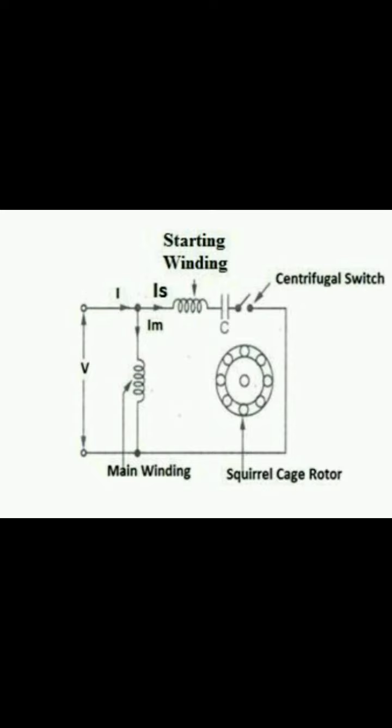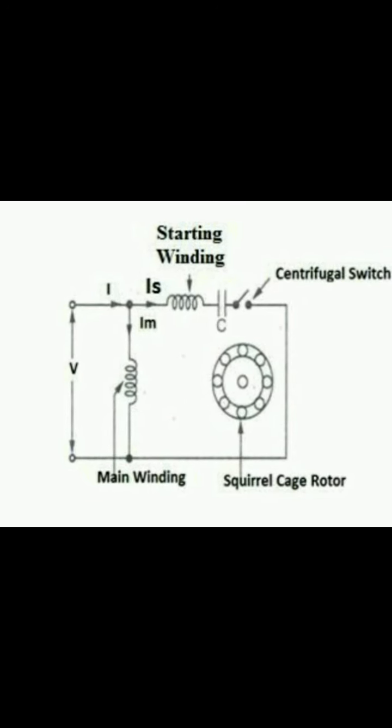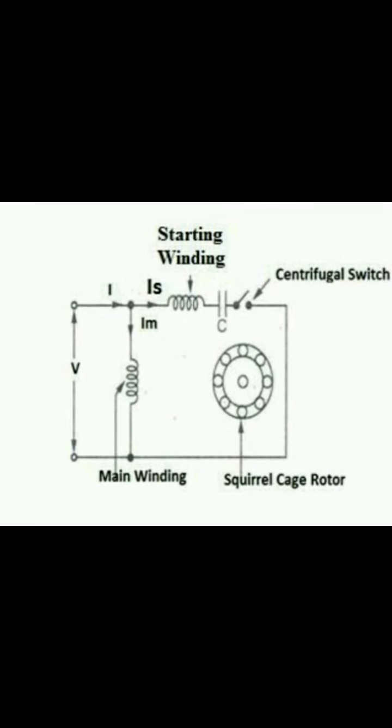So the simple working principle is that when we apply supply voltage to the single phase induction motor, the current flowing through the main winding is IM and the current flowing through the starting winding is IS. The phase difference between them is greater than 25 degrees. So the phase displacement between IM and IS will produce the torque which will rotate the single phase induction motor.